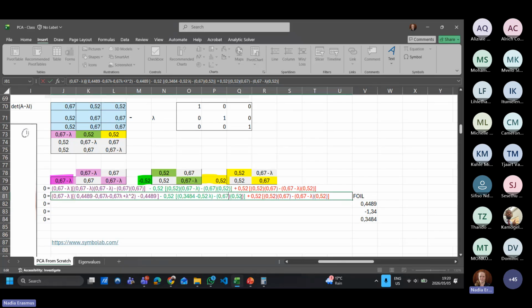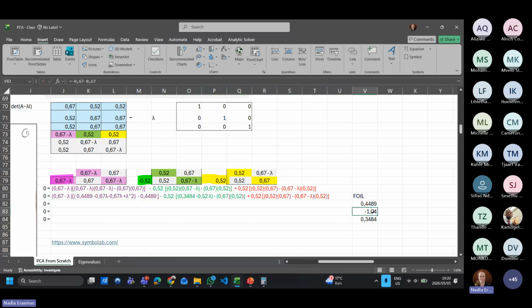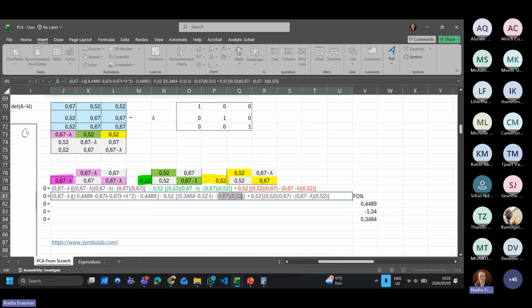Okay, this one was 0.67 times 0.52, so 0.52 multiplied by 0.67 is this one, but it is just the negative of it.